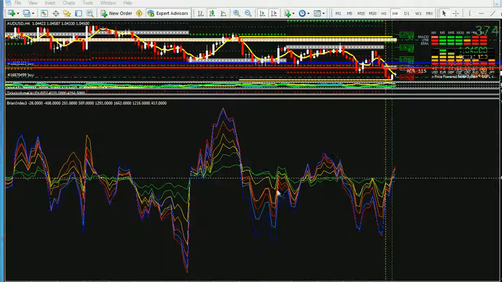The first set I found years ago was the major 8 currencies, and on this particular chart the 8 currencies are here: the Australian JPY, the Australian US dollar, Europe JPY, Euro US dollar, Great British Pound US dollar, New Zealand JPY, and the others.